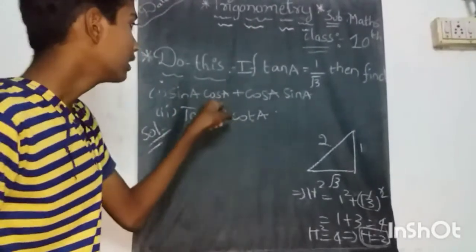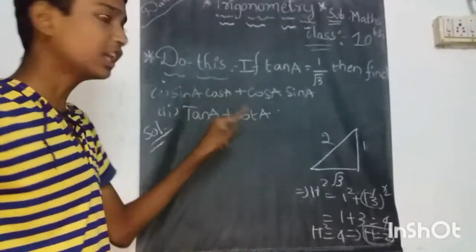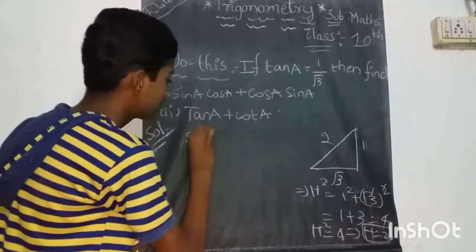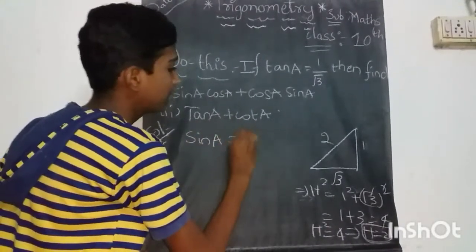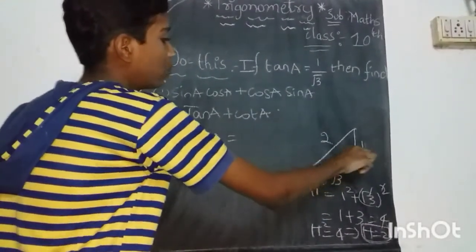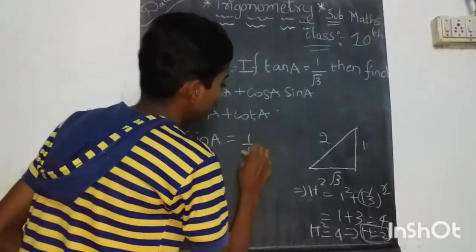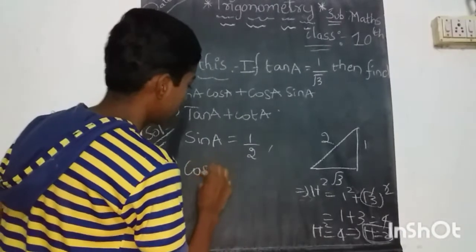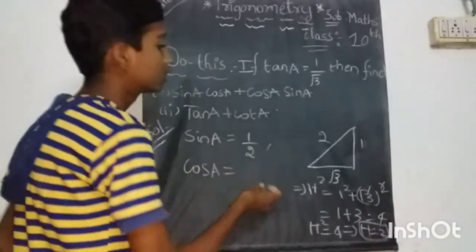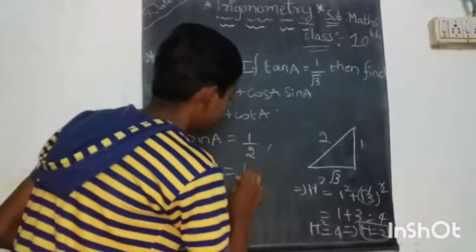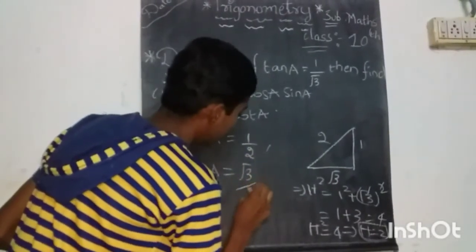Let us find sin A, cos A, tan A, cot A. Sin A is equal to opposite by hypotenuse. Opposite side is 1 and hypotenuse side is 2, that implies 1 by 2, we got it. And cos A is equal to adjacent by hypotenuse, root 3 by 2.